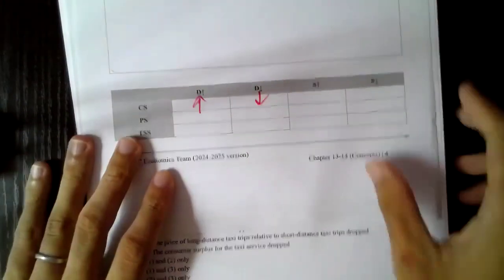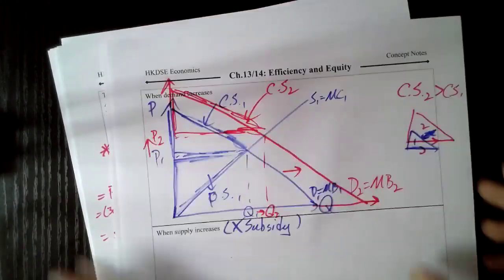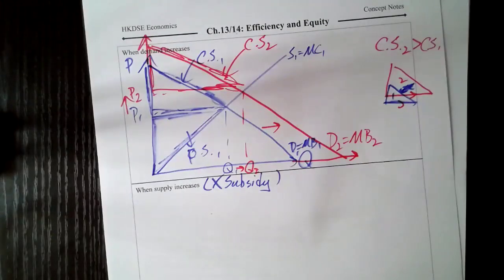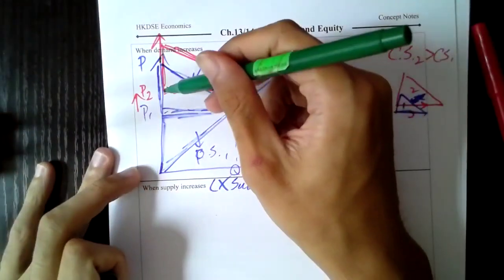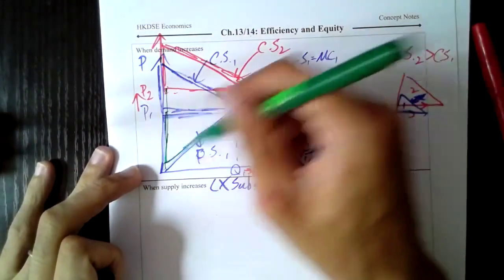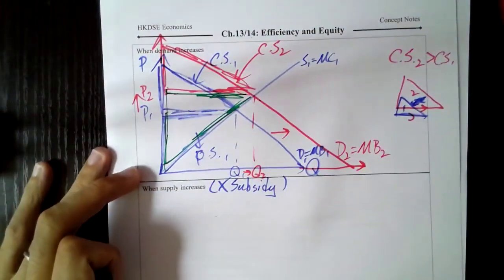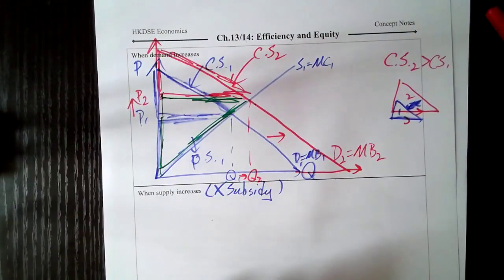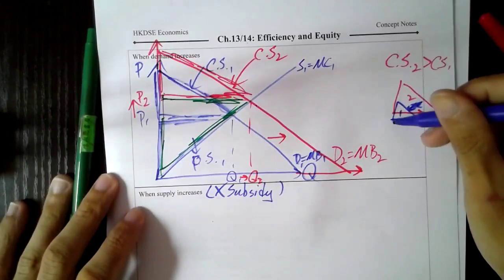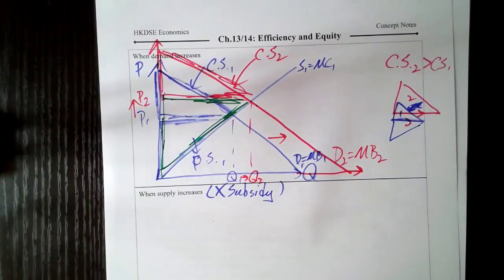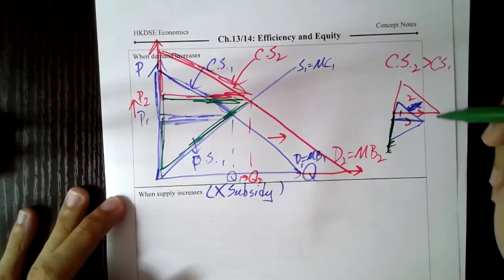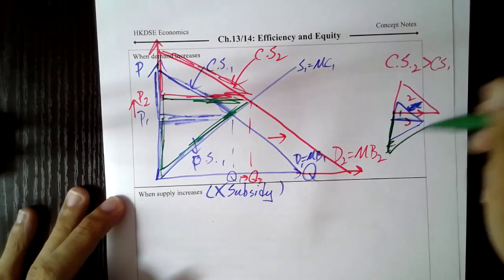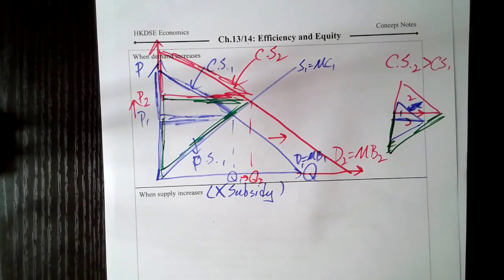Right? That's what it means. Now, what about producer surplus? It's even easier to see. Producer surplus, new price is here, new quantity is here, becomes this one. So originally, down here, now it's here.